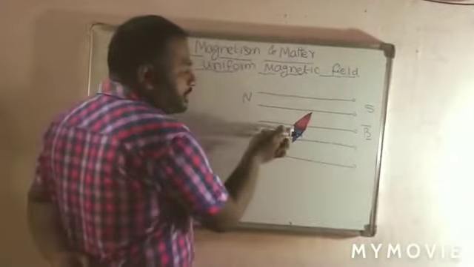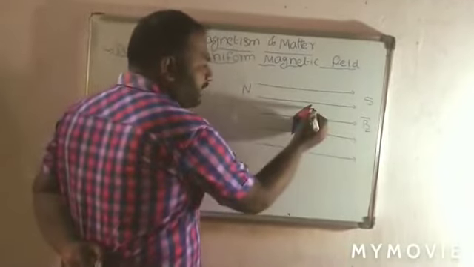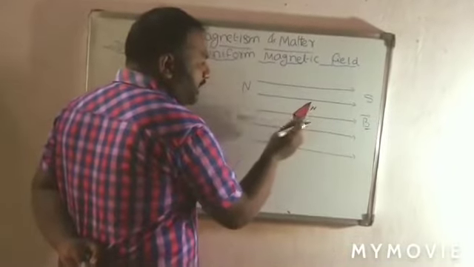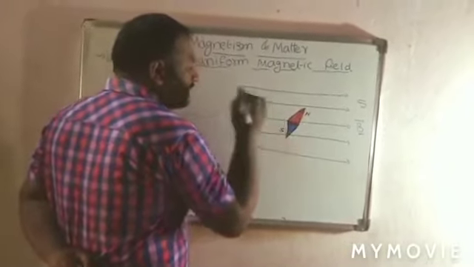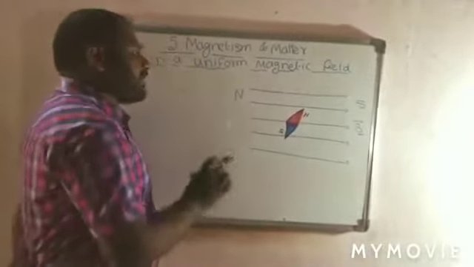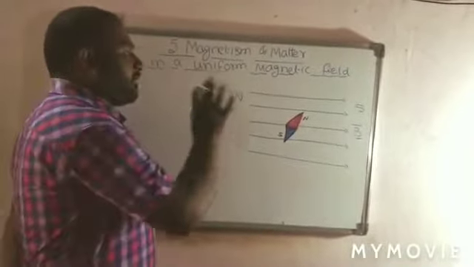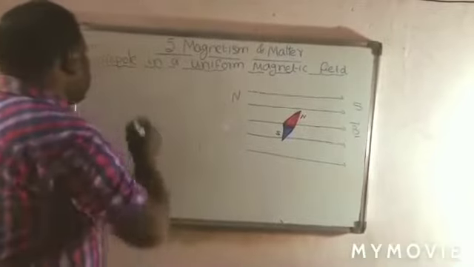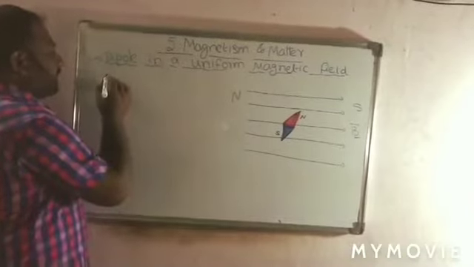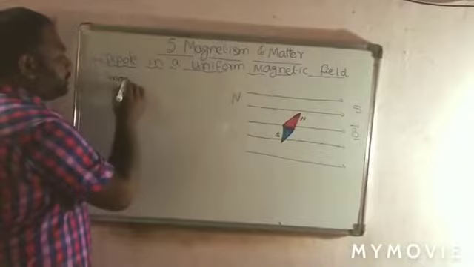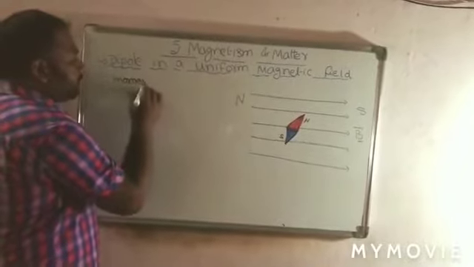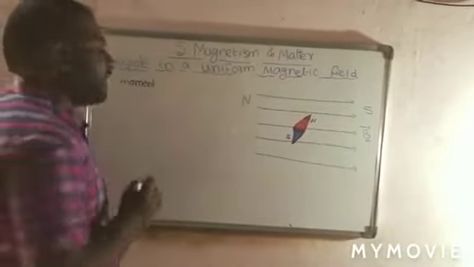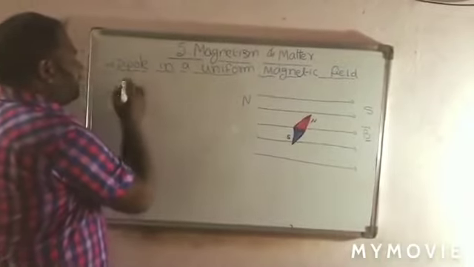Now here I am representing with two colors. The red color represents the north pole and the blue color represents the south pole. Here I place a dipole in a magnetic field. Now here I am going to write the dipole moment or magnetic moment.